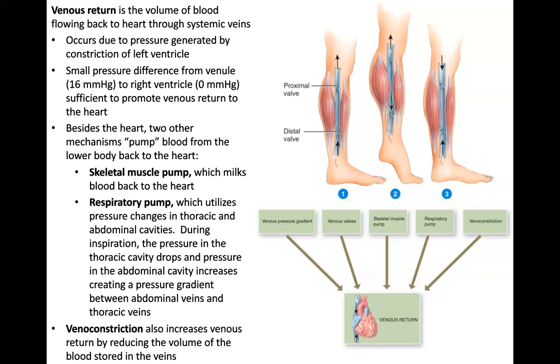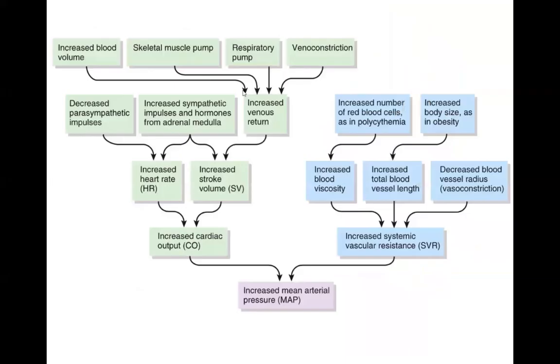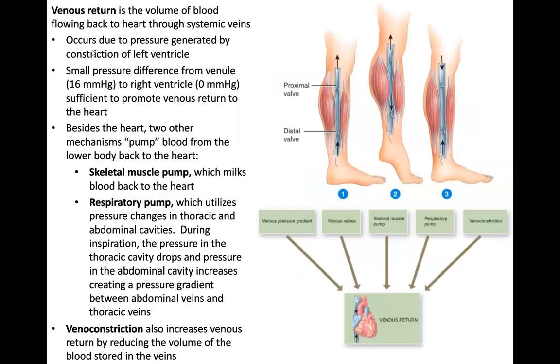And we got into that a little bit the other day when we first talked about the structural makeup of veins and that hemodynamic factor called capacitance. If I go back to, once again, this page, they've got here for increased venous return the four things: venoconstriction, respiratory pump, skeletal muscle pump, but they also include increased blood volume, which is not a real short-term way to promote venous return.